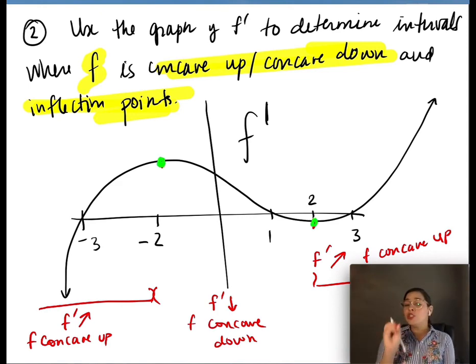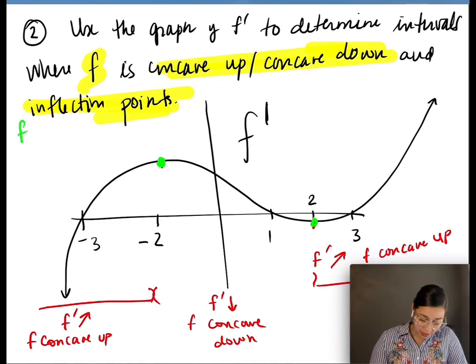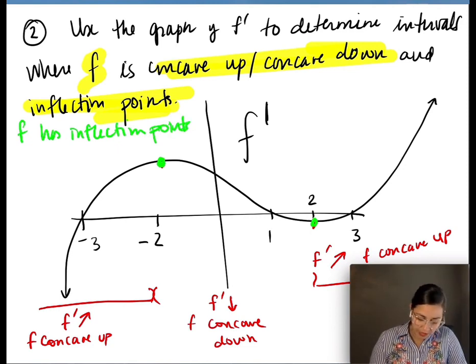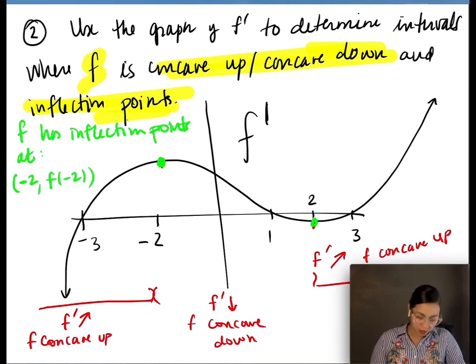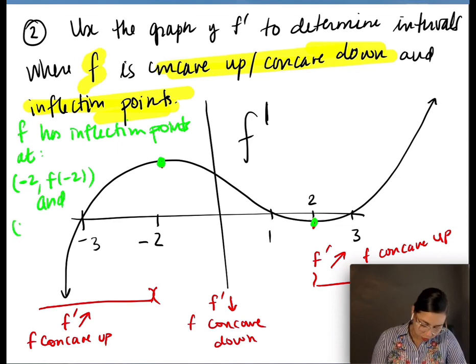Now, this is the graph of the derivative, so I don't know what f is. So the only thing I can say is that f has inflection points at negative 2, whatever the function f is evaluated at negative 2, and at 2, whatever the function is evaluated at 2.